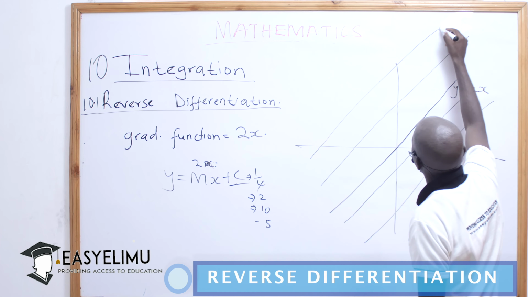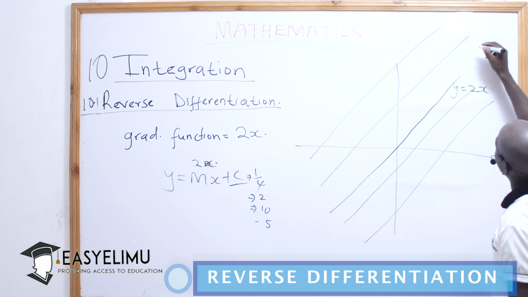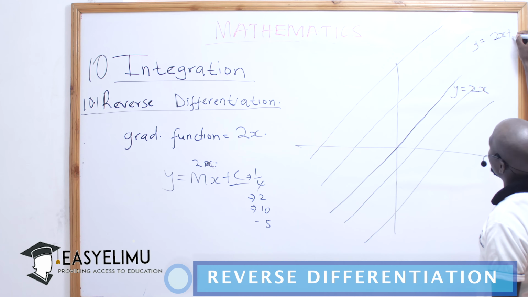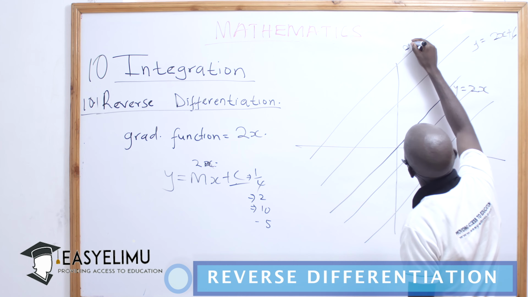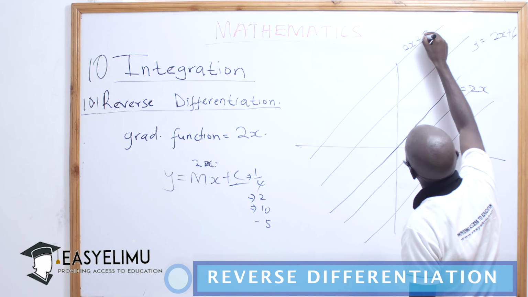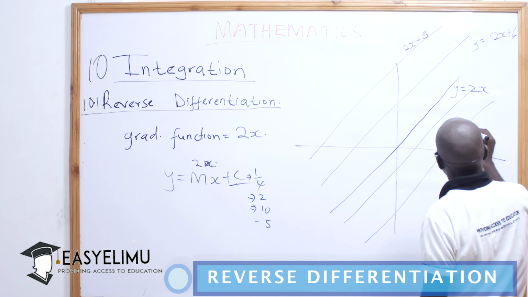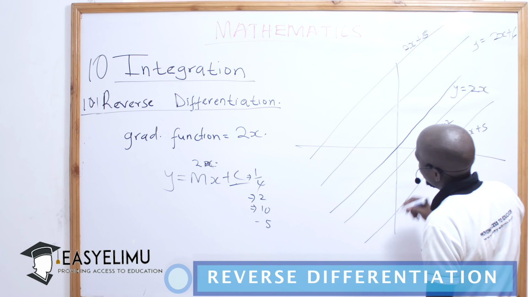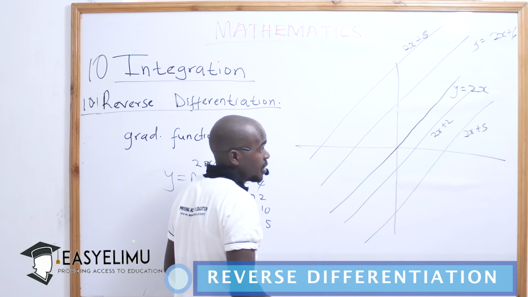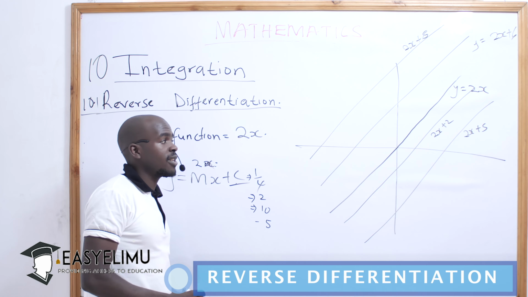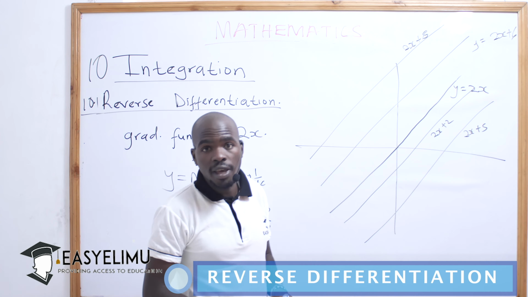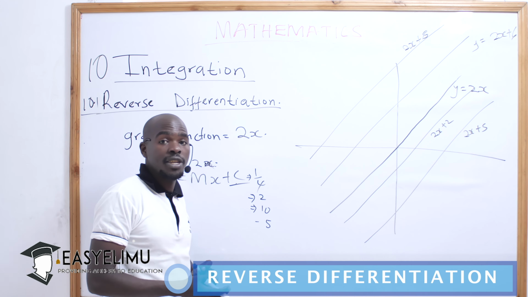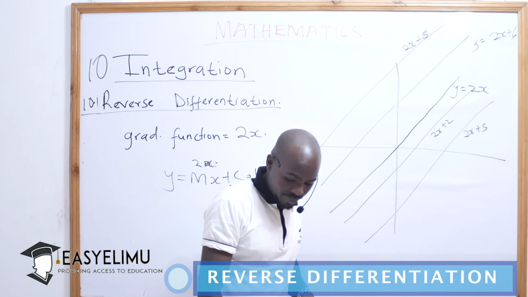So this one can be 2x plus 8, this one 2x plus 5, this is 2x plus 2. What is only differentiating them is the c, or the y-intercept. c is just a constant representing the y-intercept.